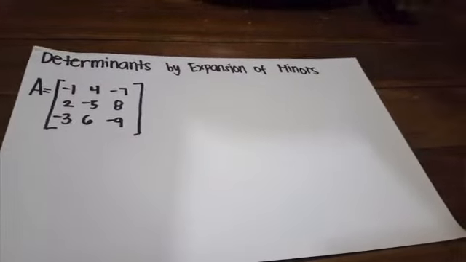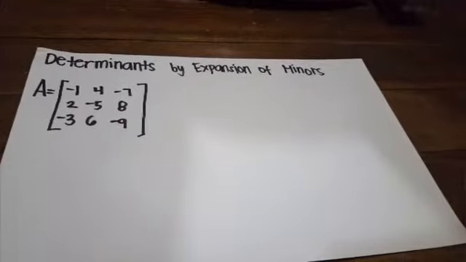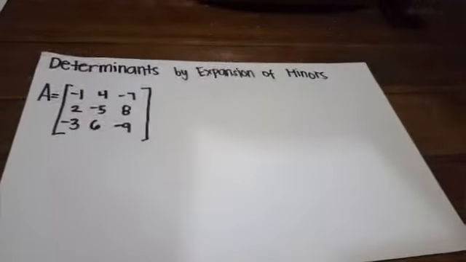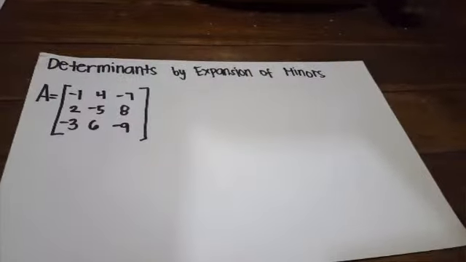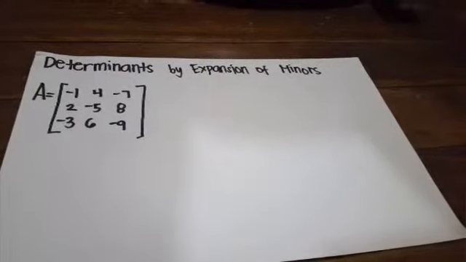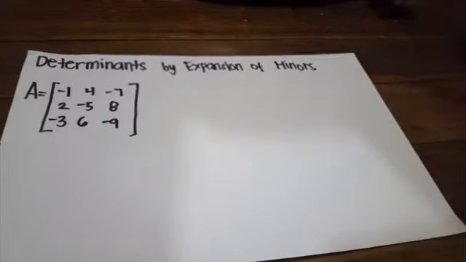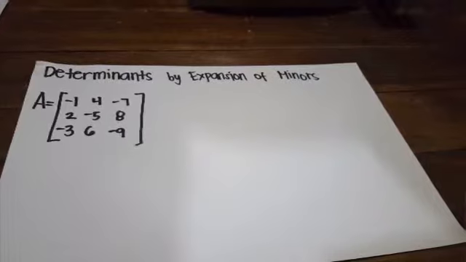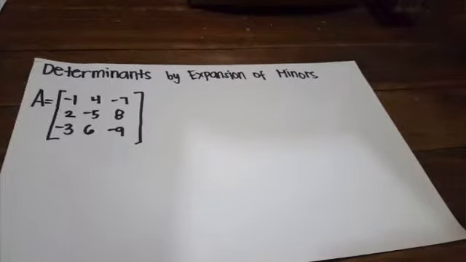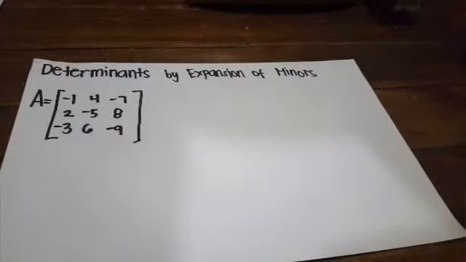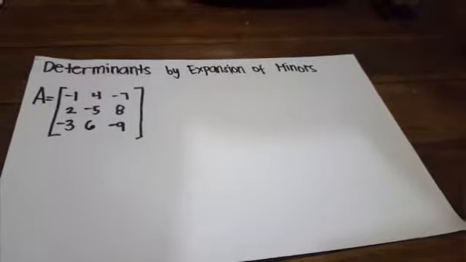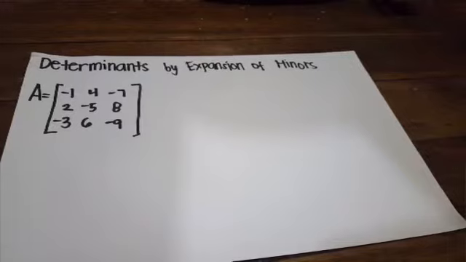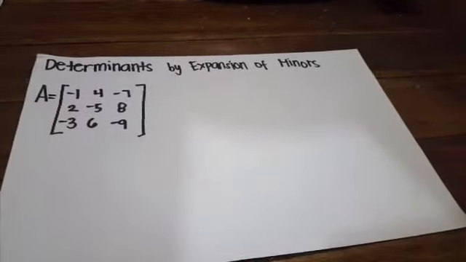Determinants by expansion of minors. The minor of an element of a determinant of order n is the determinant of order n-1 obtained by deleting the row and the column in which the element appears. For example, A equals -1, 4, -7, 2, -5, 8, -3, 6, -9.